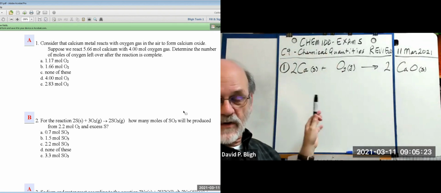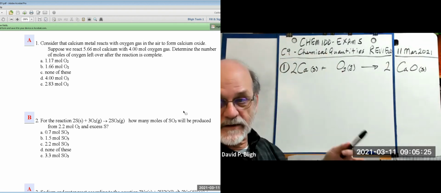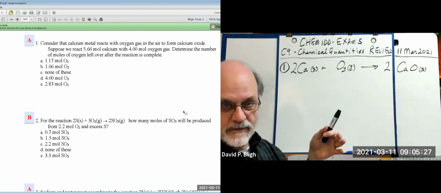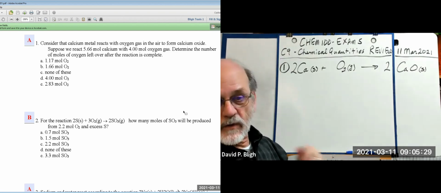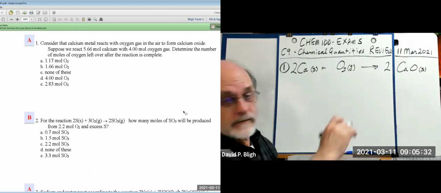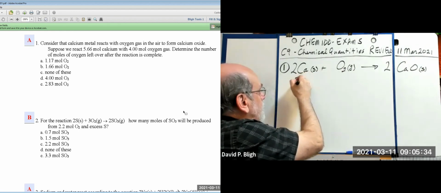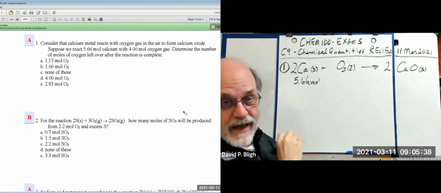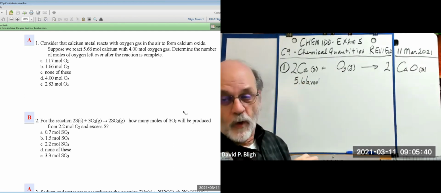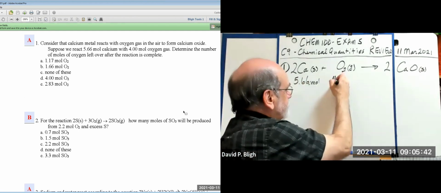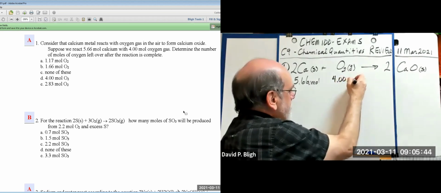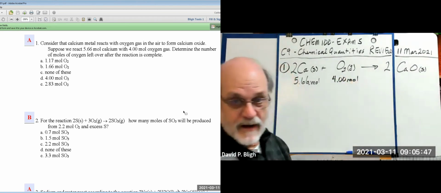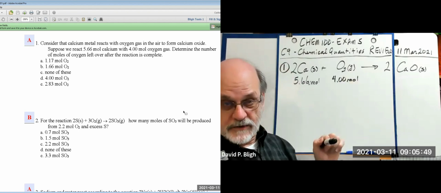Now that we've got a balanced equation, we can say, what does the problem tell us that we're given to begin with? Well, we react 5.66 moles of calcium and 4 moles of oxygen. All right. Now, what's the question?